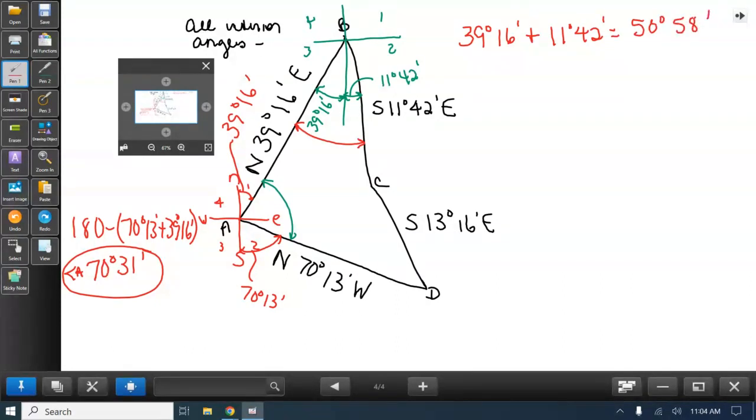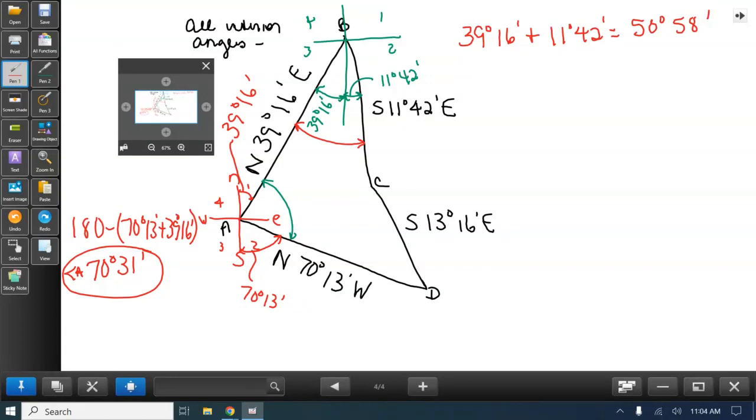So you can kind of see a pattern. If you have two bearings on two lines that are in quadrant 2 and 3, the angle in between is just going to be added together. If you have two that are in 1 and 4, same thing, you're just going to add the two together.